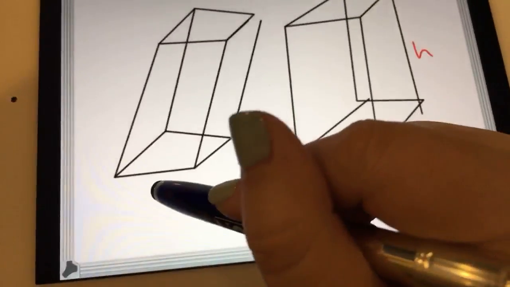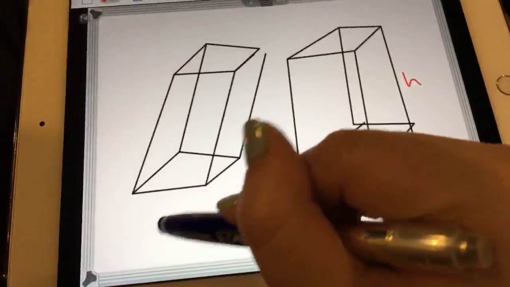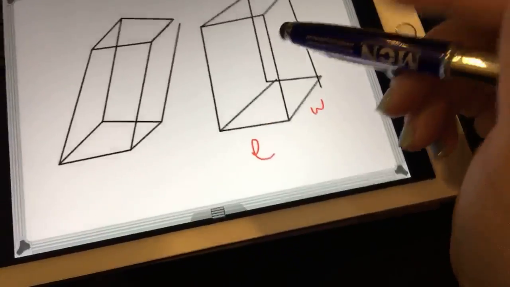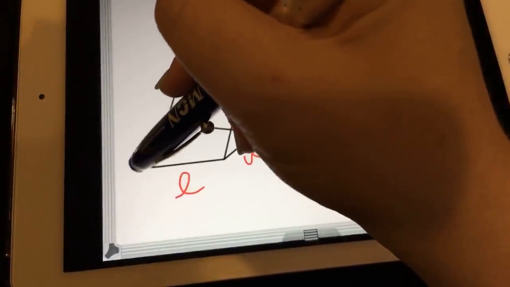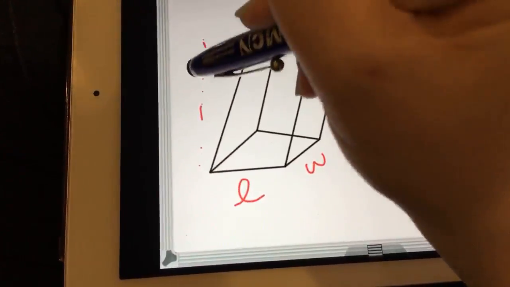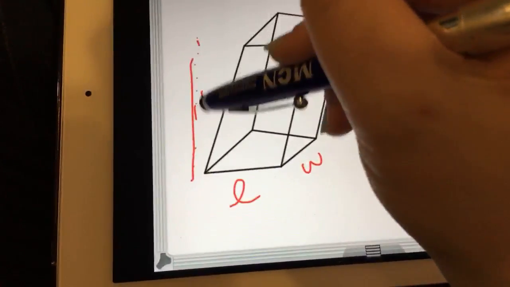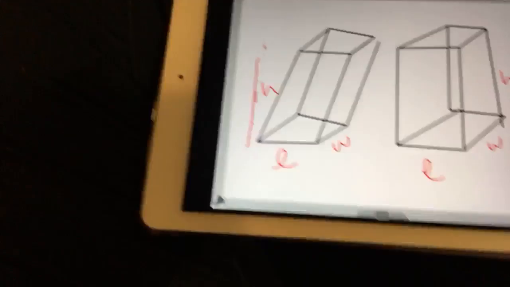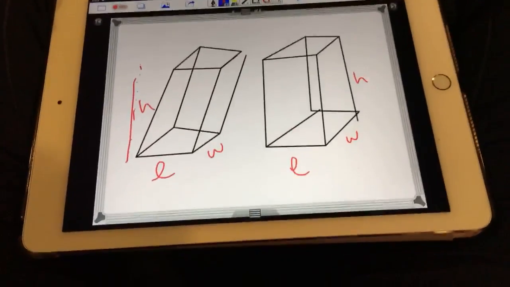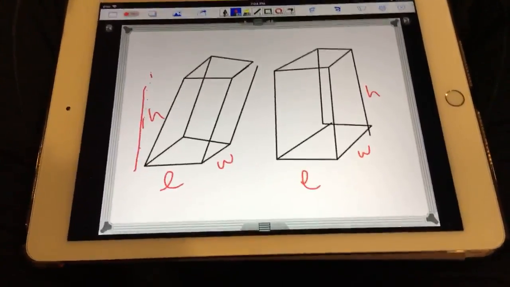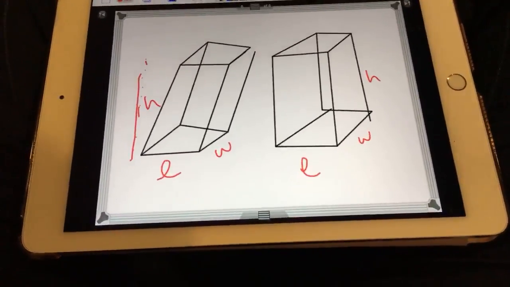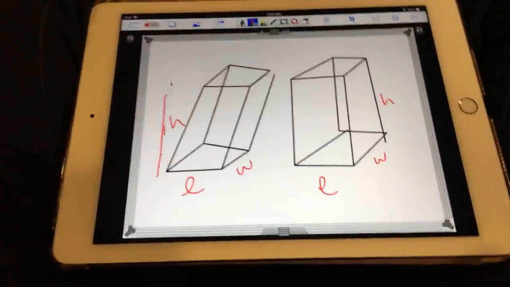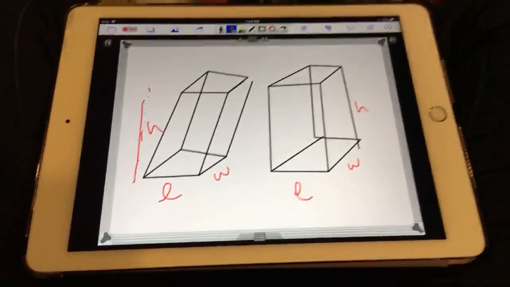As long as the length and the width are the same, and this distance is the same, then I haven't changed the volume of this shape. Basically, what I'm doing is cutting it into very thin cross sections, and I'm sort of slanting it, okay?